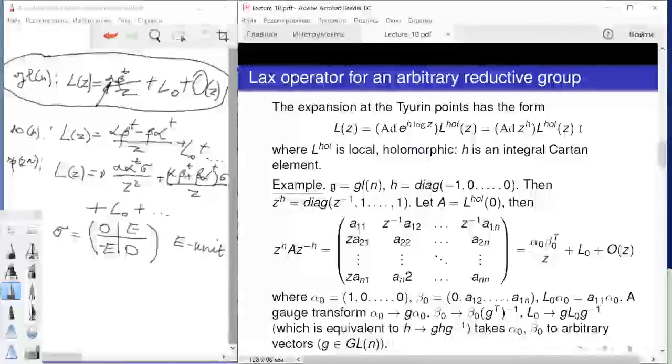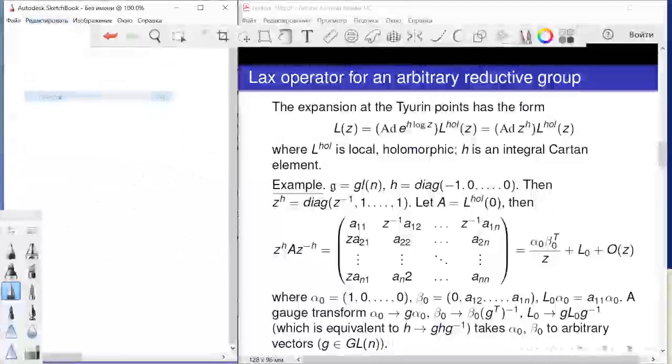Well, so for example, let me show that for G equal to the full linear algebra, this condition is just the same as to give an expansion of the form which I invented earlier.